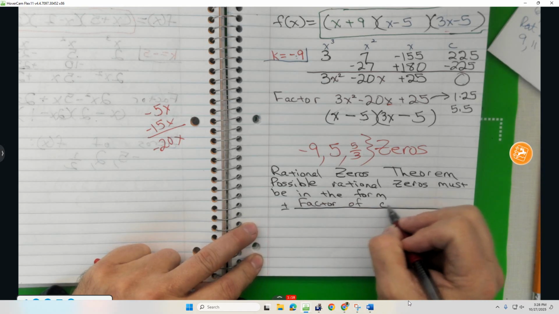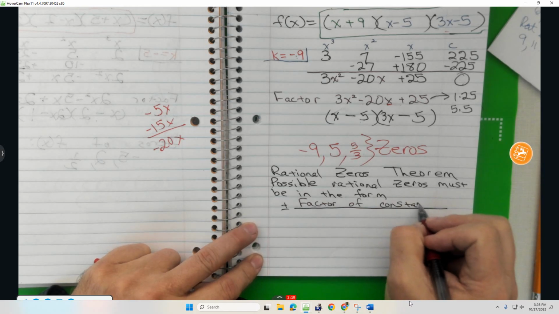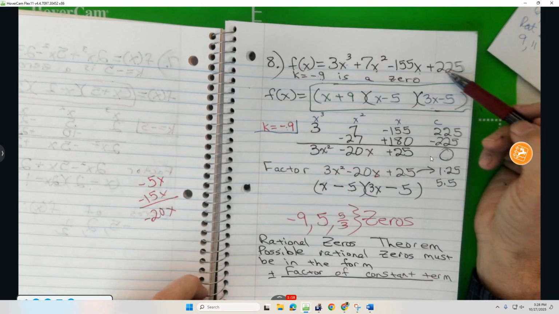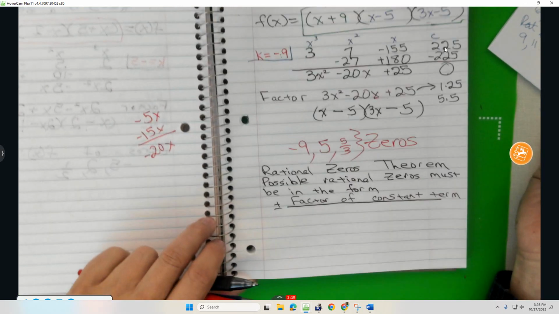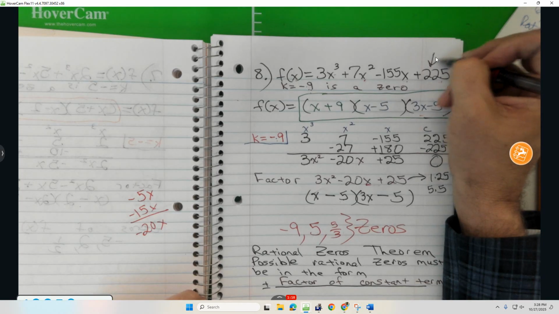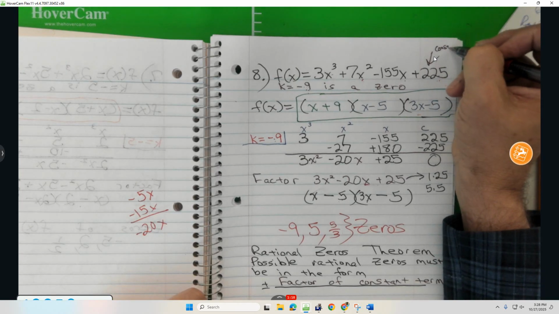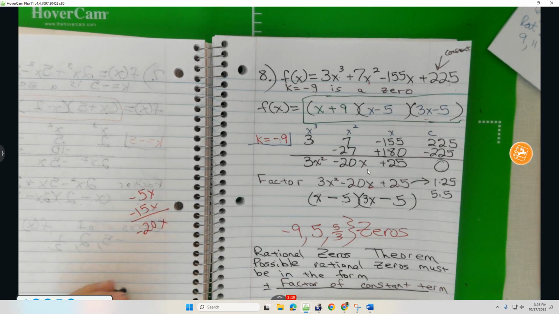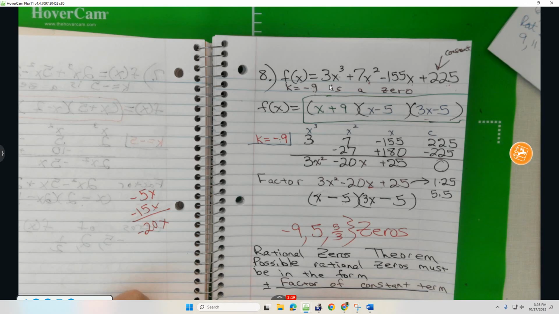Remember, the constant term is the last number. Okay, there's the constant term. The denominator must be a factor of the leading coefficient.